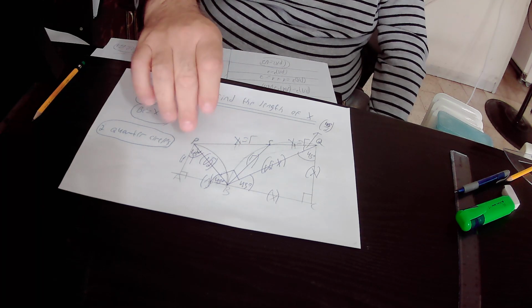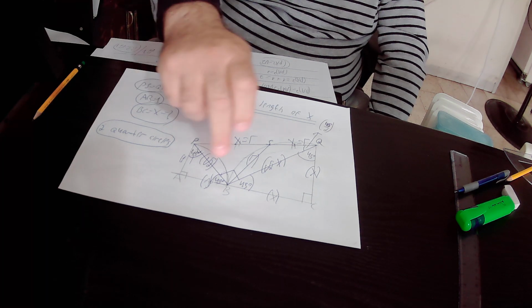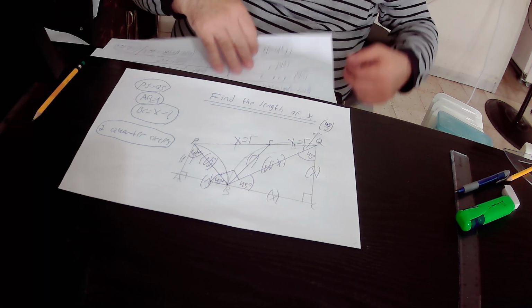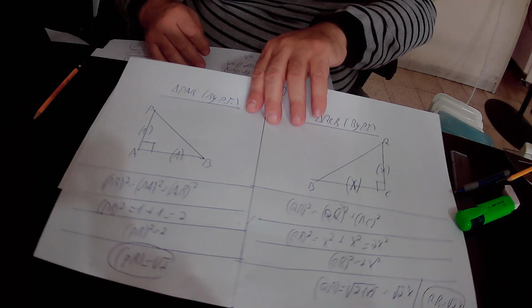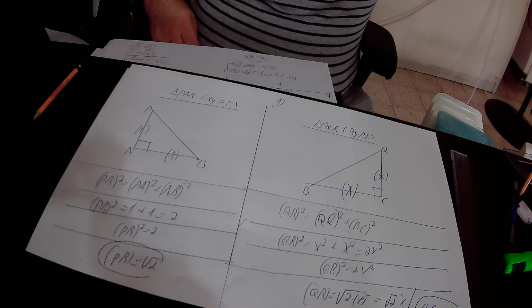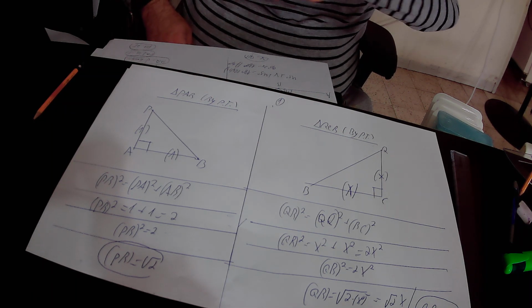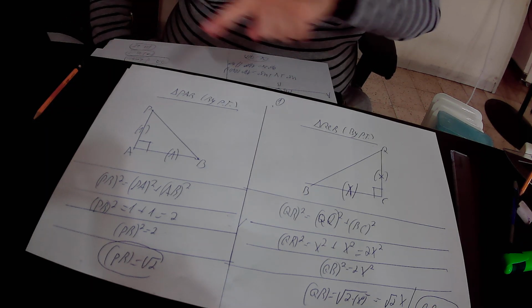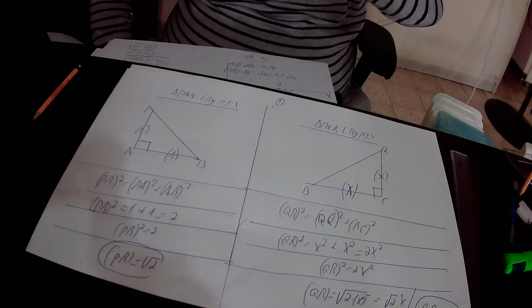Then I copied the right triangle PAB onto a new page, and we implemented the Pythagoras theorem in this right triangle PAB. This is the right triangle PAB that I copied from the original drawing. According to the Pythagoras theorem, PB square equals PA square plus AB square.